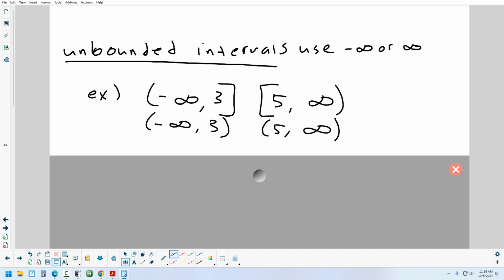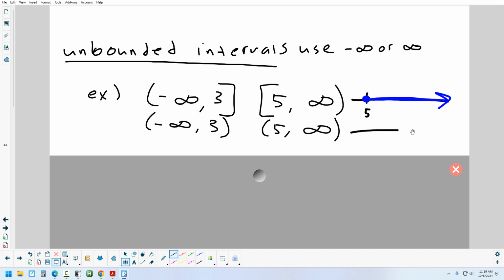When you draw an unbounded interval, it has an arrow that keeps going in one direction forever. So if I was going to do this one in the upper right, it has a filled in circle on the 5 because it's a bracket. Shade right. And because of that arrow, it means it never stops. So it is unbounded.